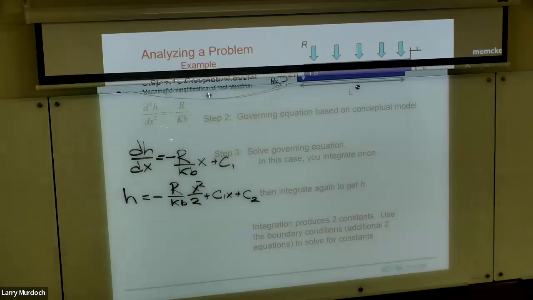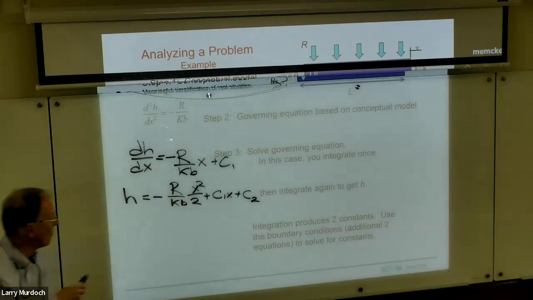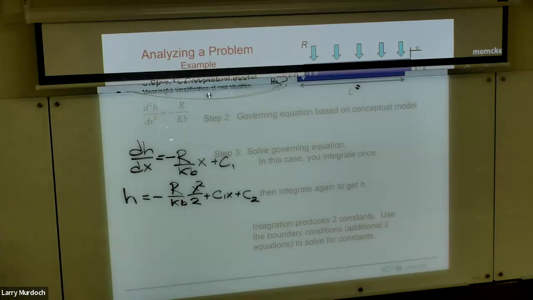So they're popping out from the mathematical procedure that we did to the integration, and we need to deal with that. But when we set the problem up, we had these two boundary conditions. Those are additional equations. So we have these two unknowns, we've got two more equations. So we can use those boundary conditions, those simple equations from the boundary condition, to solve for the constant.